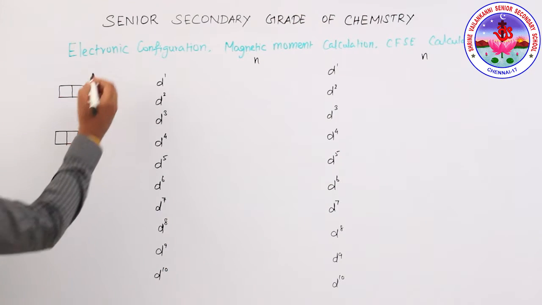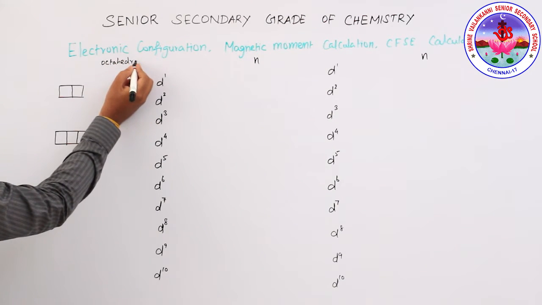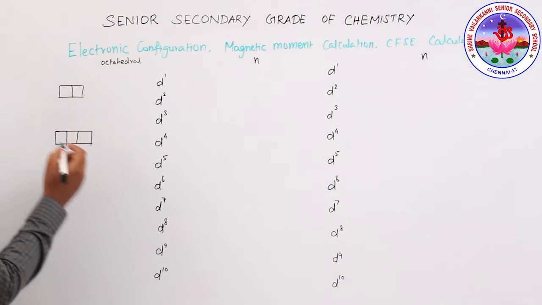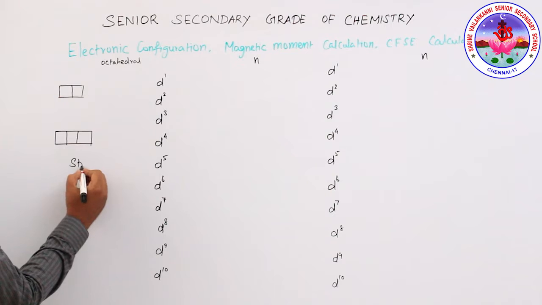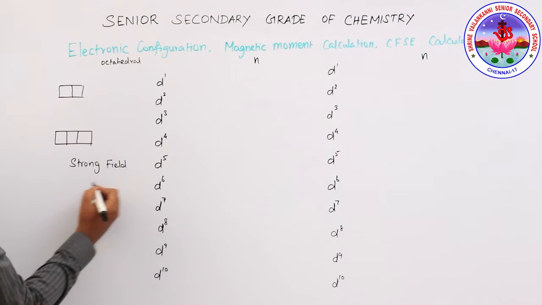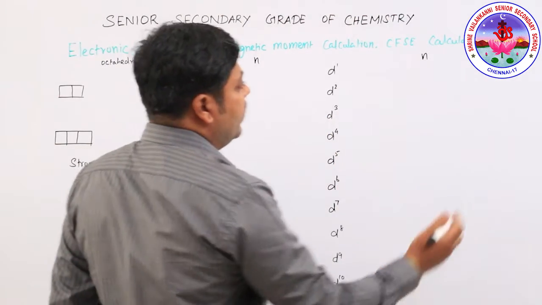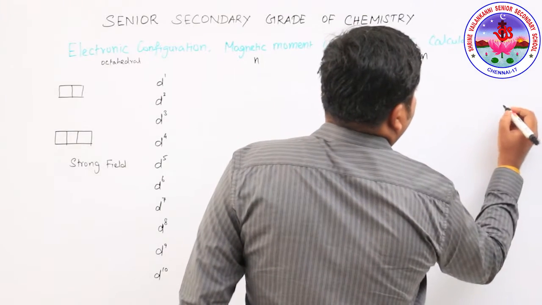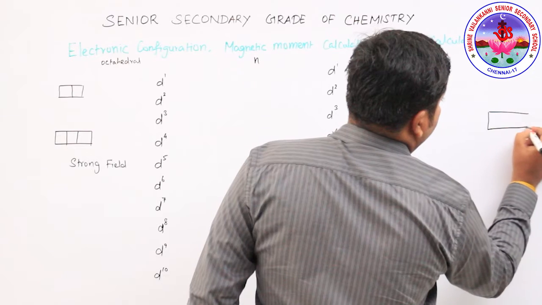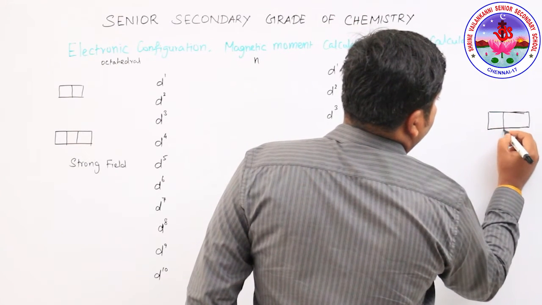This is for writing the electronic configuration for octahedral complexes. Now, this is for strong field ligand, and this is for weak field ligand. So here also I am writing the energy, that is two sets of d orbitals.